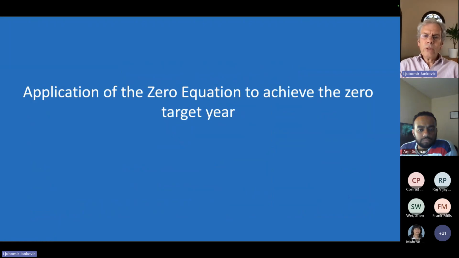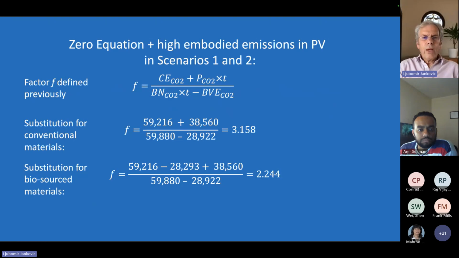So application of the zero equation to achieve the zero target here. Zero equation plus high embodied emissions in PV in scenarios 1 and 2. We've calculated F factor defined previously, and now we substitute values into the equation for F factor, and for conventional materials.